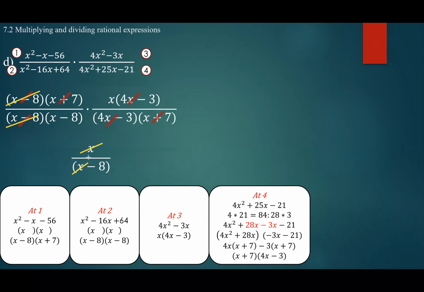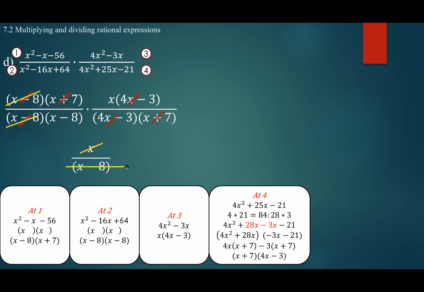Reminder, in order for you to cancel out a binomial, in this case, x minus 8, you need to cancel out the whole thing. We cannot pick and choose and say, let me just cancel out the x and not the 8, or let me cancel out the 8, not the x.